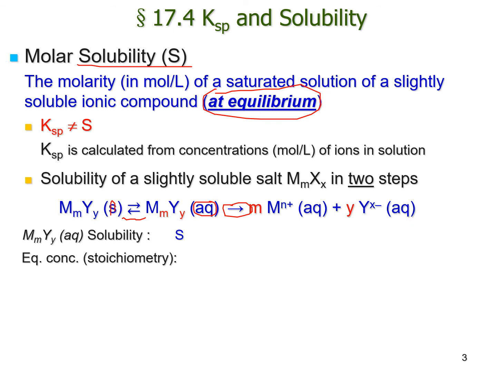And after the dissociation takes place, we understand that it's a stoichiometry problem, right? Because 1 mole of this compound will generate x moles of cation and y moles of anion. So for the concentration of these ions, not only do we see the solubility, we also see the coefficients of each ion as a multiple of their concentrations.